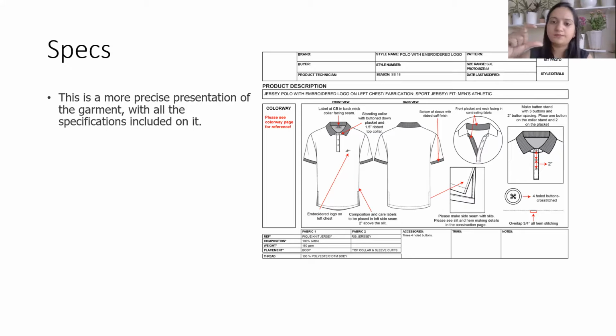How much width the placket should have, so that each and every team member of your company knows the details of your product. This is called the spec sheet or the technical spec sheet. It also requires how many pockets, the right placement of the pocket on your garment, as well as the placement of the buttons. So I hope it is clear to you all.